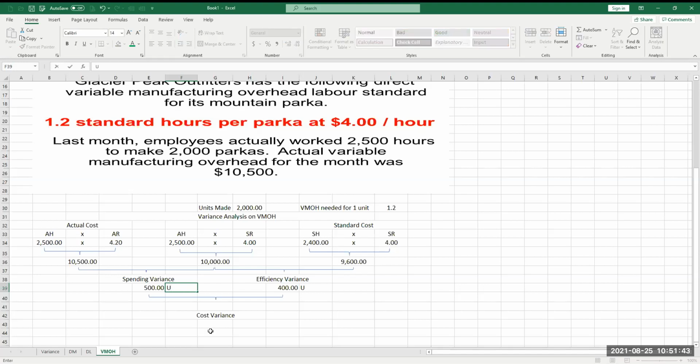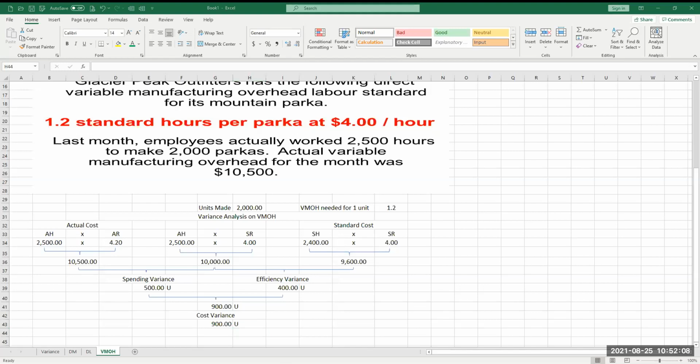So my cost variance in this case is 10,500 minus 9,600. So that's 900 unfavorable. The other way we can calculate it is this one plus that one. It will give us unfavorable as well. Make sense? Right.